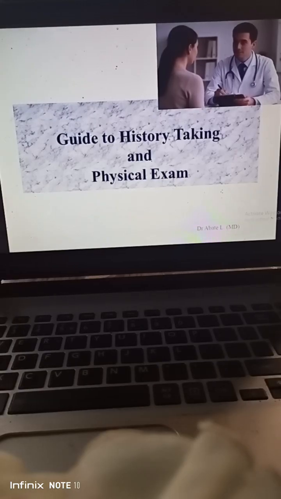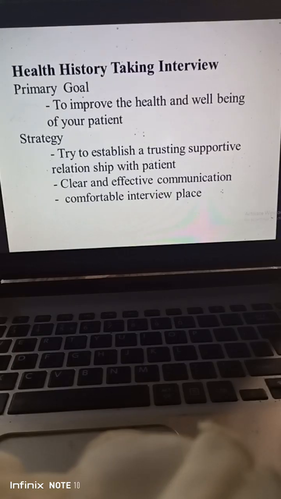about your patient. So with this, let's start: what is health history taking and what it needs to be for your interview techniques about your patient. So overall, your primary goal of history taking is to improve the health and well-being of your patient.